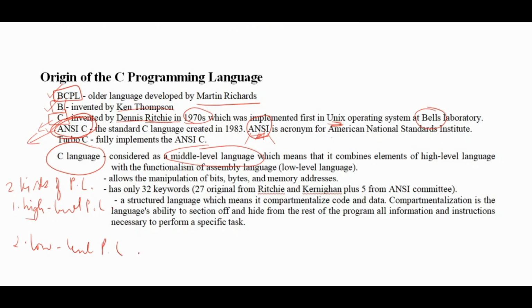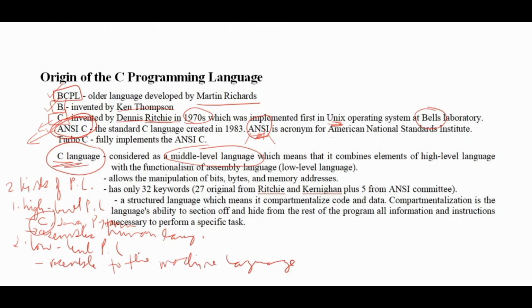Examples of high-level languages are C, Java, Python, and many others. One characteristic of a high-level programming language is that it resembles human language. Like in the C programming language, there are English words, which are human language. While the low level is easy for computers to understand because it resembles machine language.